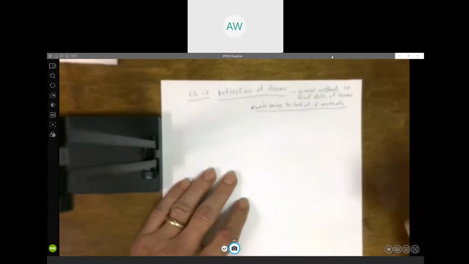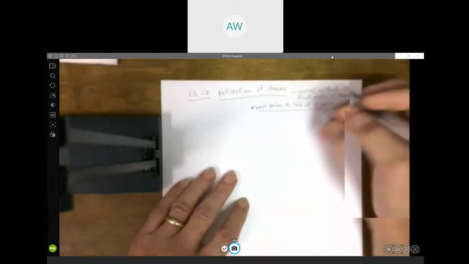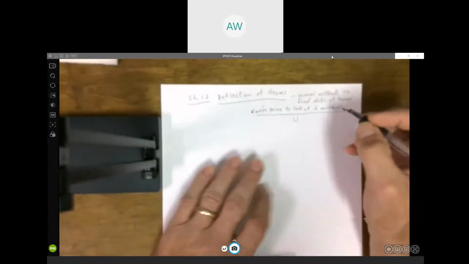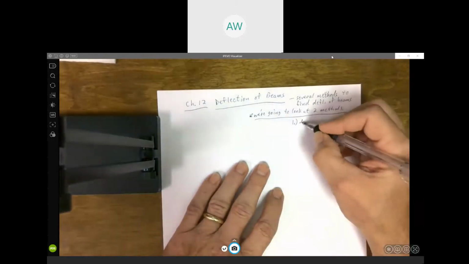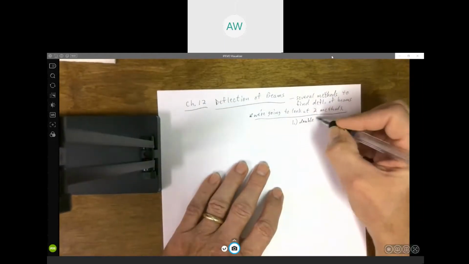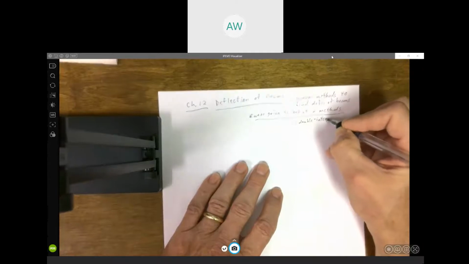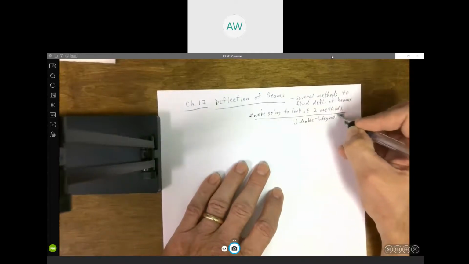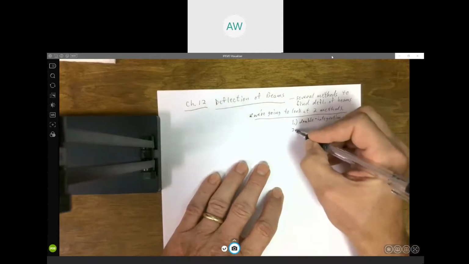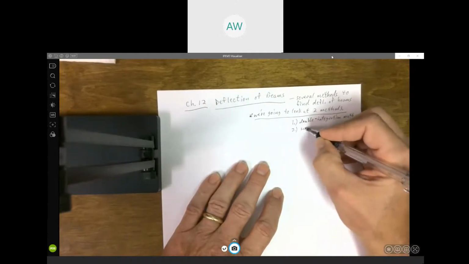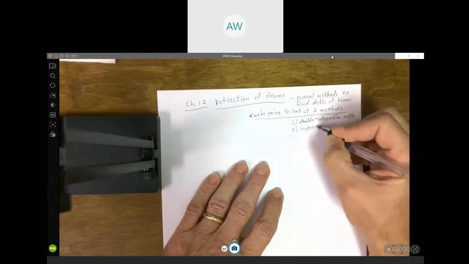So that's what we're going to do in chapter 12. The first method we're going to look at, come on, focus there, is called the double integration method. The second one, we're going to make use of superposition.